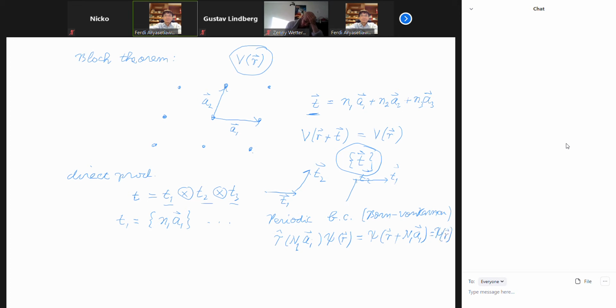So there is a periodic boundary condition. This is a definition. This is also true for the other translation vectors for A2 and A3.